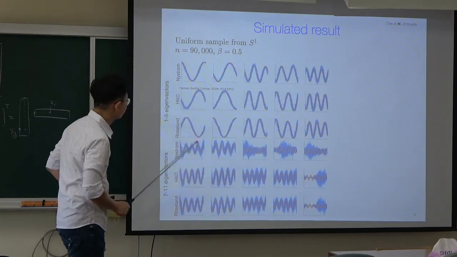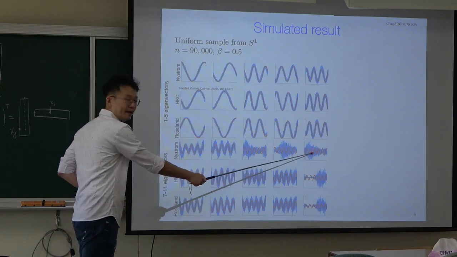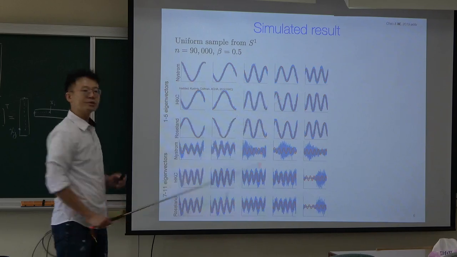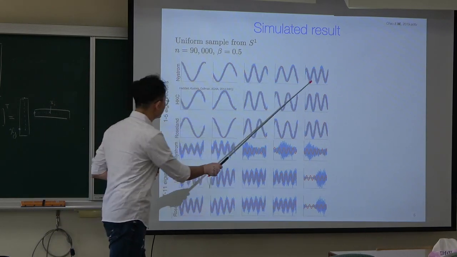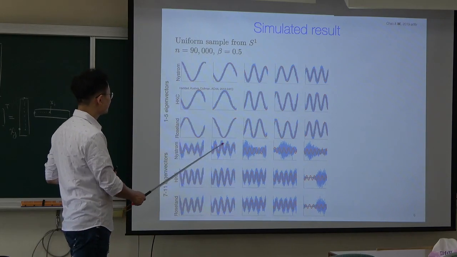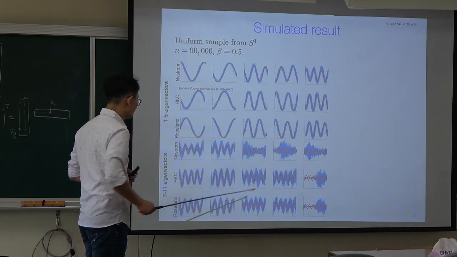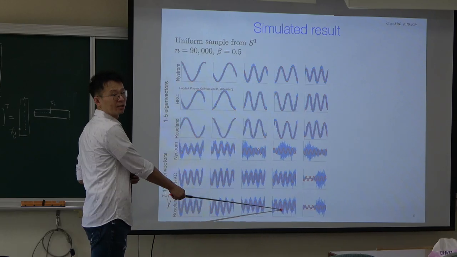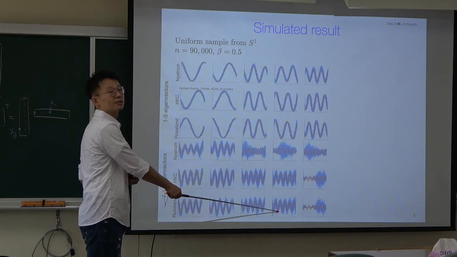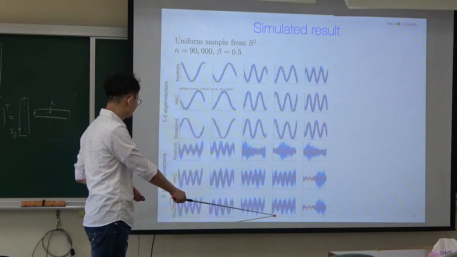And the bottom 3 rows are the 6th to 10th eigenvectors. What do you see here? The interesting fact is, if you use Nyström extension, you can recover up to the 7th eigenvector, and starting from the 8th, you don't see too much. But if you use Roseland, you can recover up to 9 eigenvectors, which is a good sign because it means that we can get more geometric information.